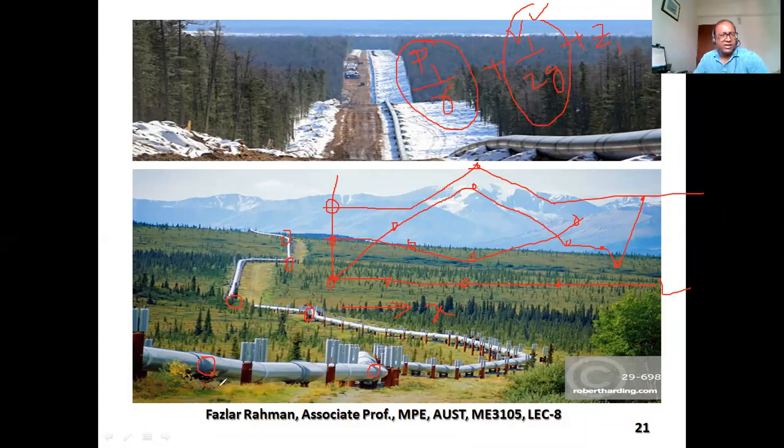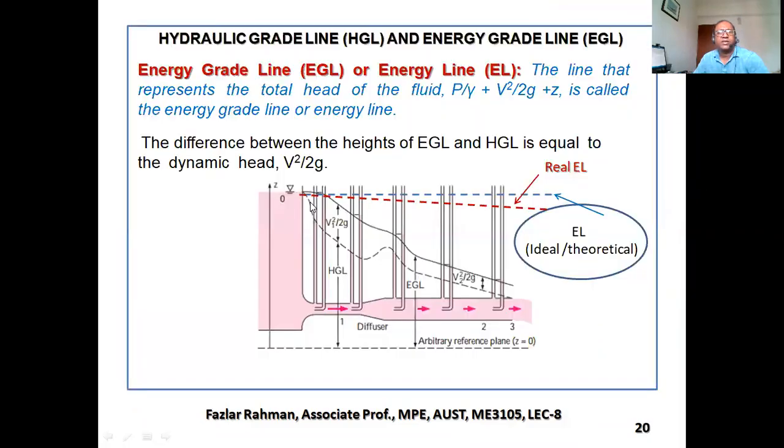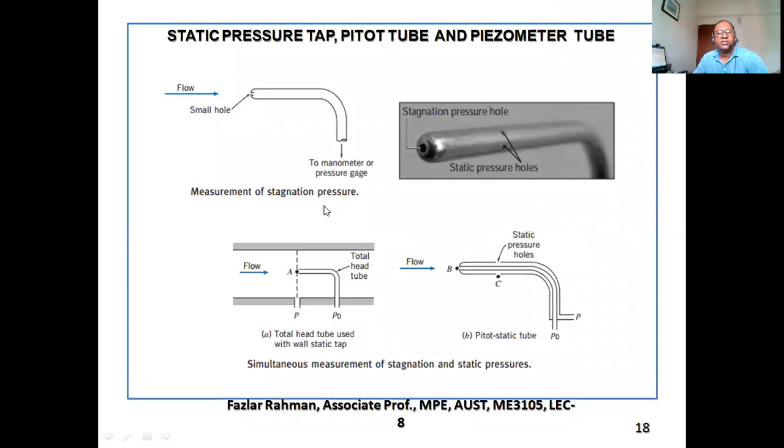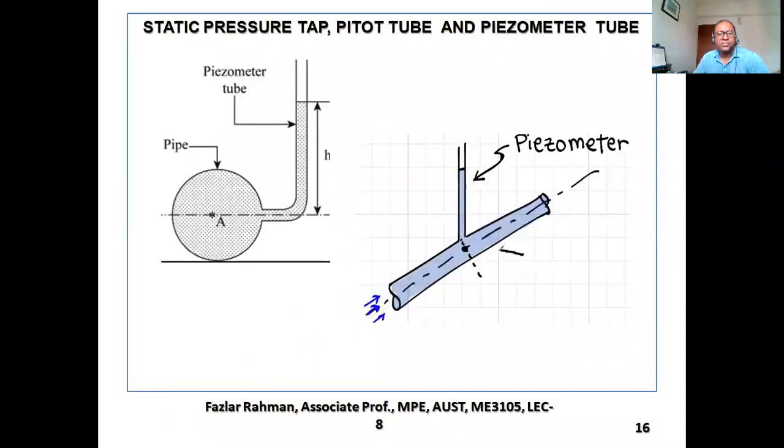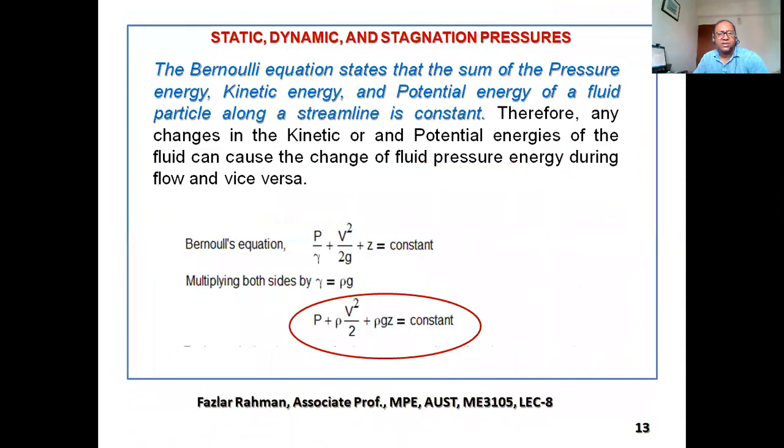So let's see in the actual cases what type of lines are used. So you see in Bernoulli's equation, this term is equal to constant.